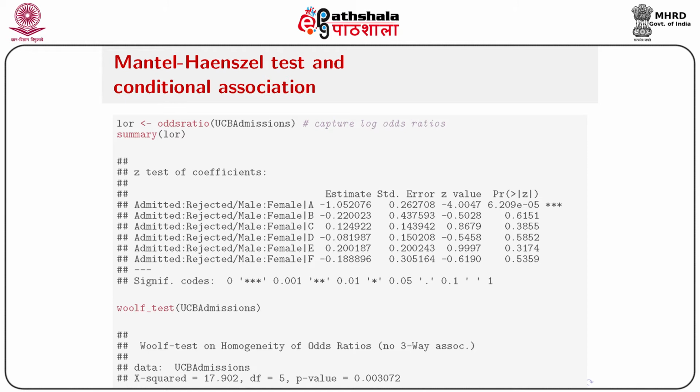So this is the summary, and then if you pass UCB admission through woolf_test, it will say that p is 0.030. So that means they are significantly different, they are not the same.